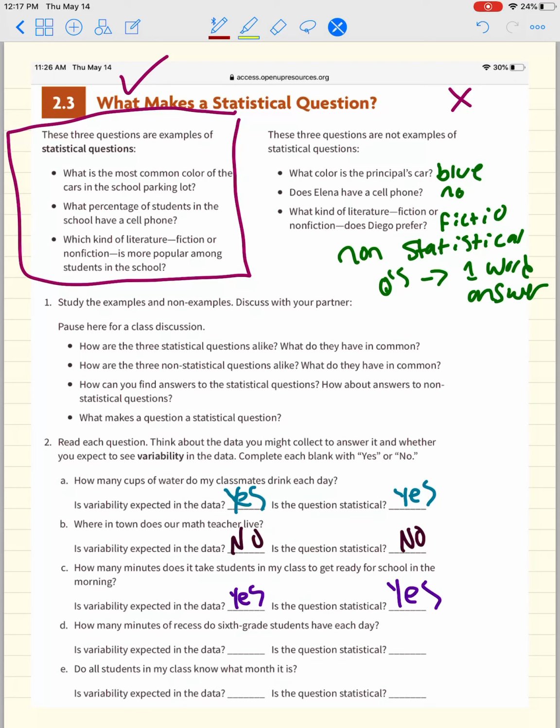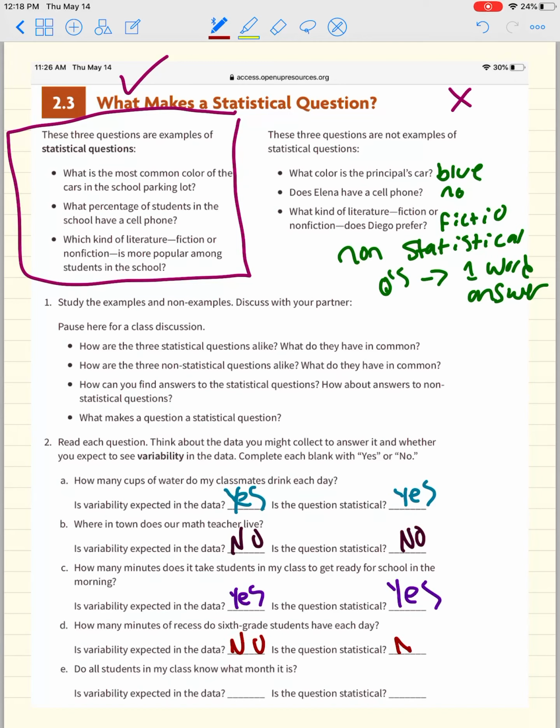Okay. How many minutes of recess do 6th grade students have each day? Well, you all are in 6th grade, and before coronavirus, we all had the same amount of recess time. So if you're just looking at our school, you're not likely to find any variability, right? We all have the same amount of recess.